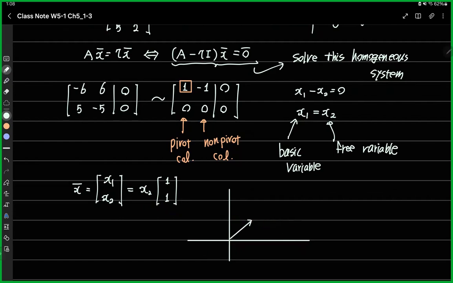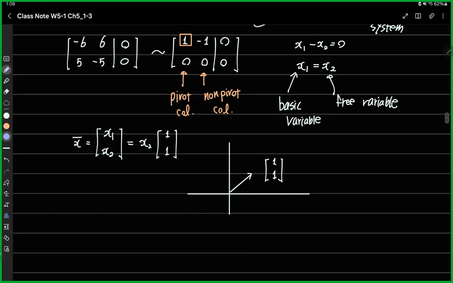Let me use the column vector notation, 1 and 1 right here. Then any vector along this line must be an eigenvector corresponding to eigenvalue 7.